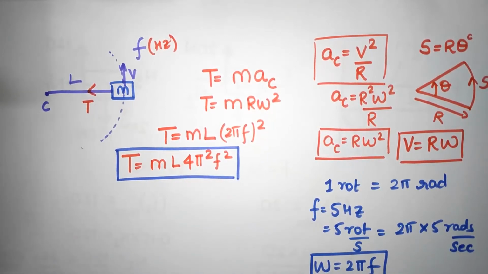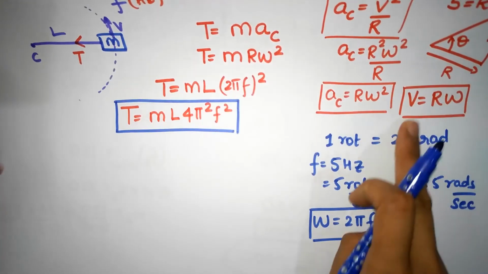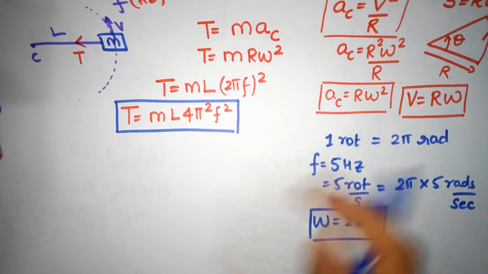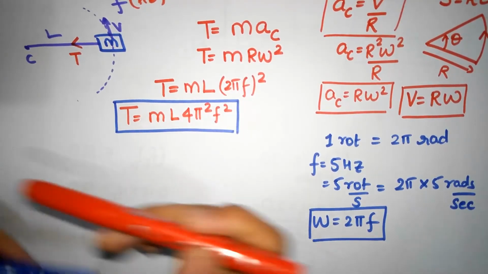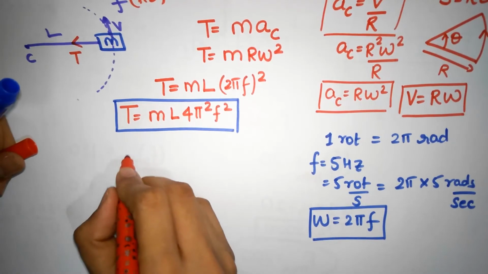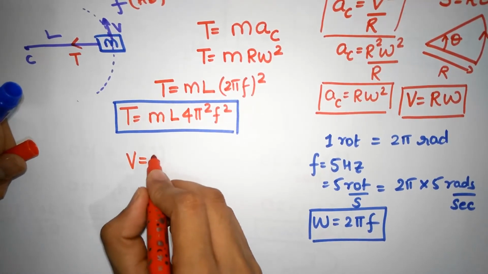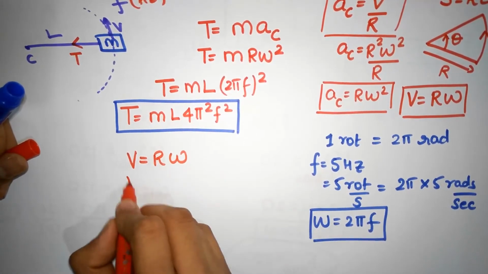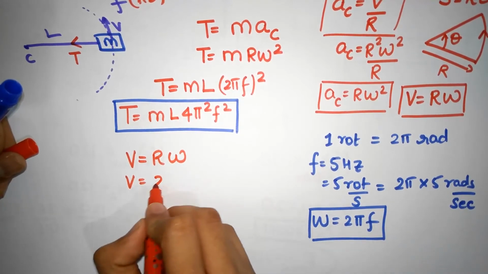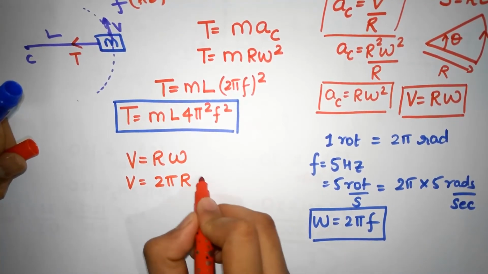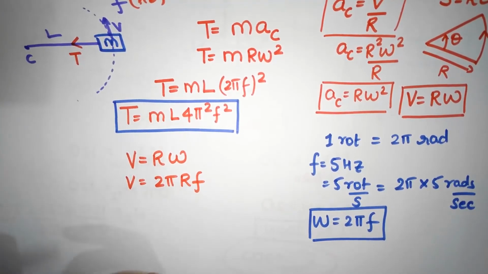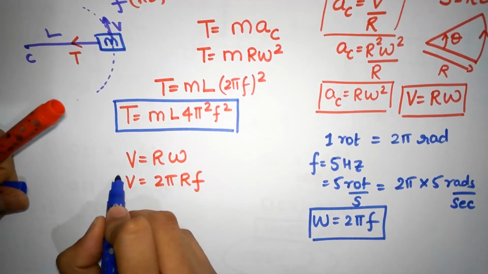Notice that we wanted to calculate angular speed and also speed. We already calculated what the angular speed is. It's 2 pi f. And we can now use this to calculate the linear speed. The linear speed is going to be r times omega, so it is 2 pi r times f. And notice this also makes a lot of sense.